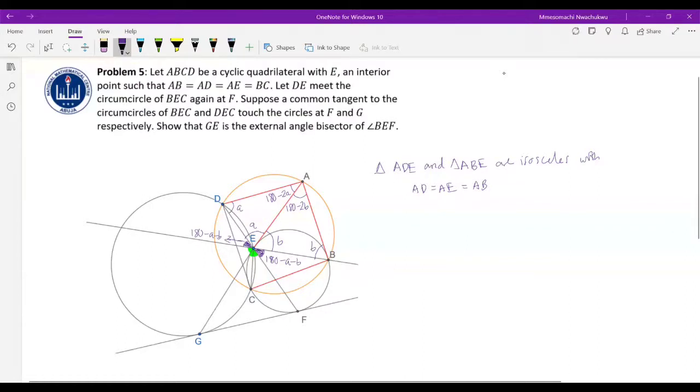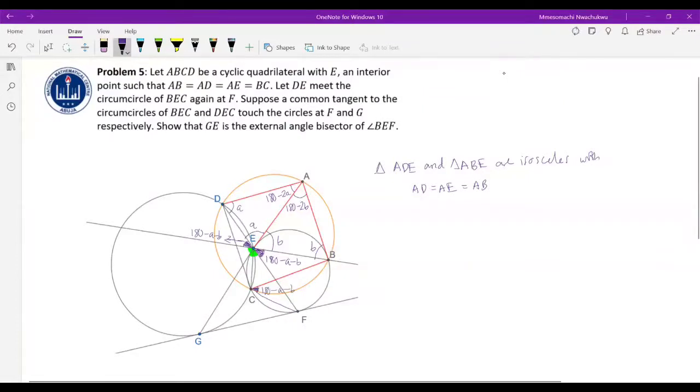What else can we get here? Another thing we can get is that this angle here is going to be equal to 180 minus A minus B. And why?